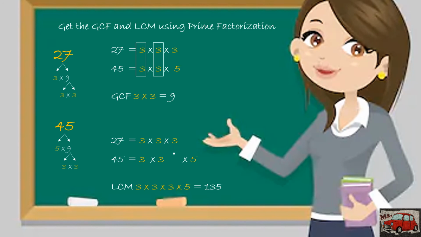So, they have 3 and 3. Multiply mo lang yan. Then, their GCF now is 9. Pagdating sa LCM, yung bakante dyan, ibaba mo lang dyan yung 3 and then saka mo i-multiply lahat ng prime numbers. So, you have 3 times 3 times 3 times 5. So, their LCM is 135.